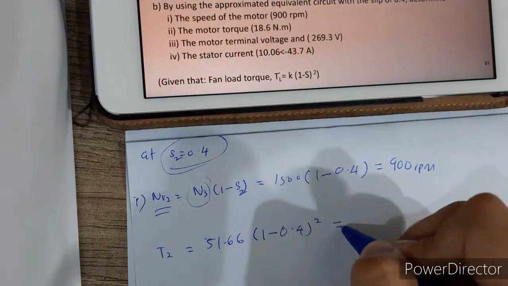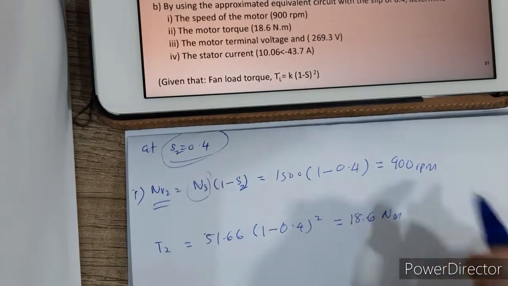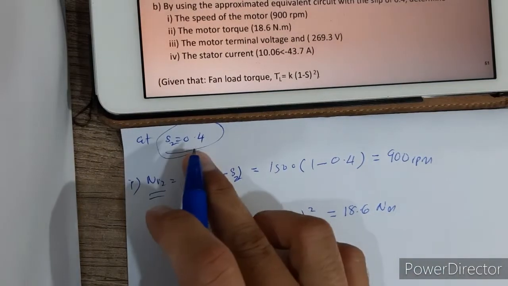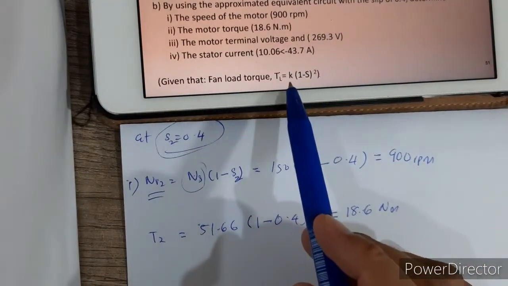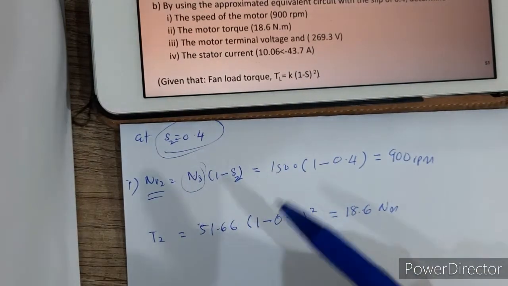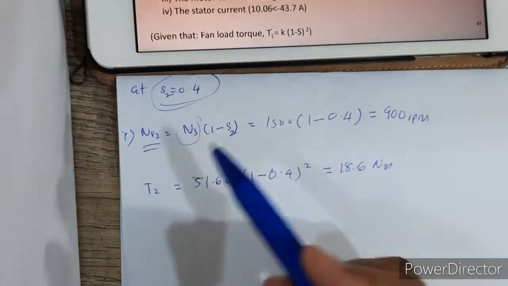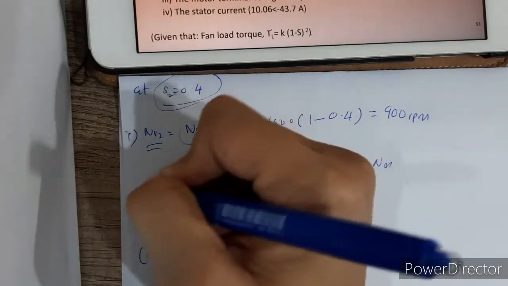So you can get the answer T2 is 18.6 Newton meter. This is the answer for motor torque during S 0.4, by using TL equals K times 1 minus S squared from the previous section A. So this is number 2.